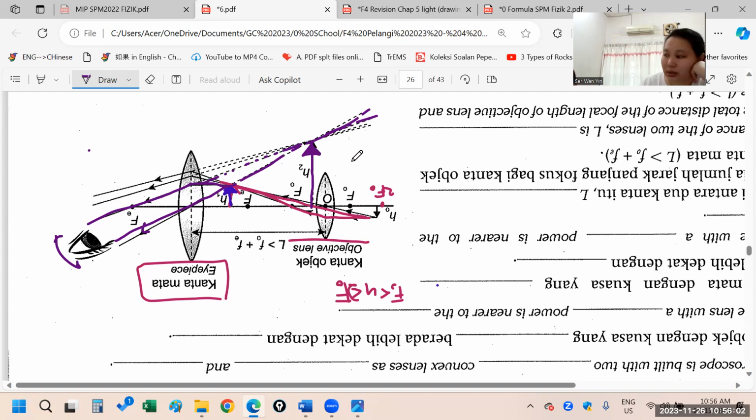So we are using two lenses to magnify the object twice. This is the original object. We magnify once by the objective lens, and we enlarge a second time by the eyepiece. Correct? Eyepiece.